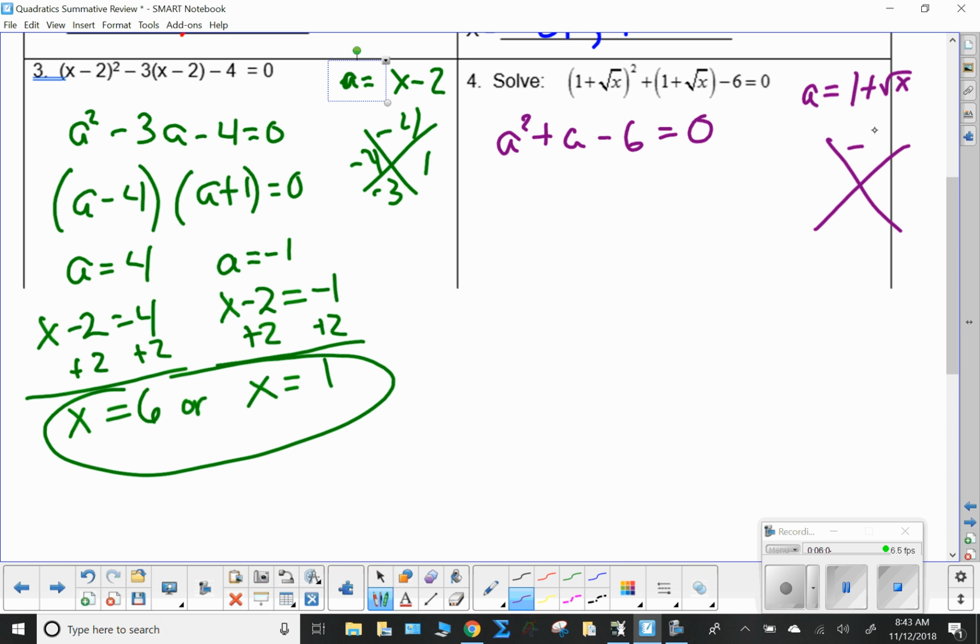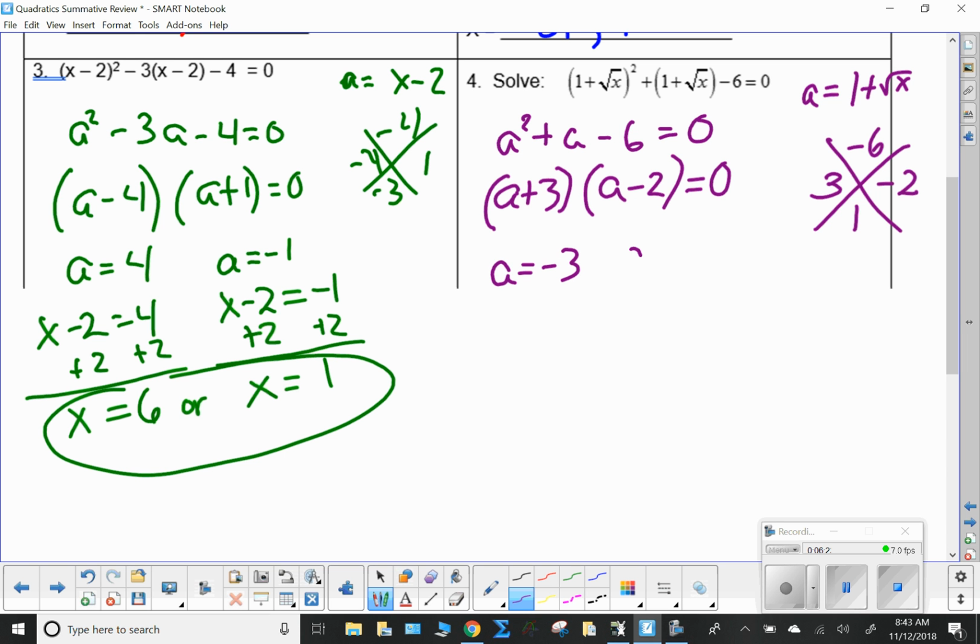Factors of negative 6 that add up to positive 1 are 3 and negative 2. A plus 3 times a minus 2 equals 0. A equals negative 3. A equals positive 2. Now I'm going to replace a with 1 plus square root of x.